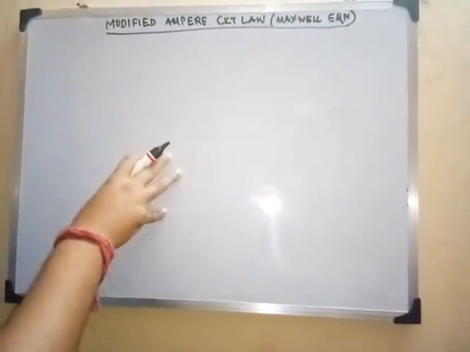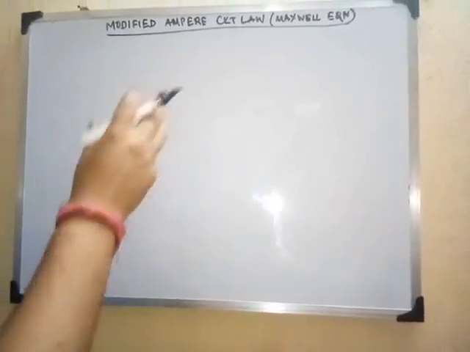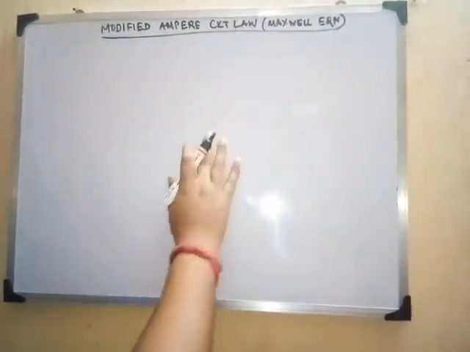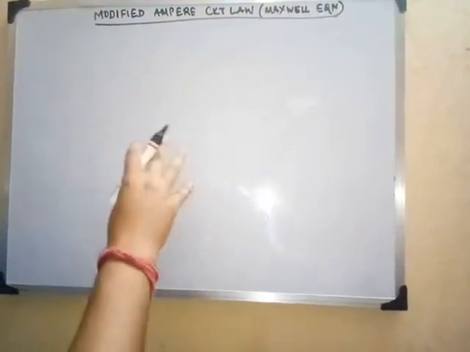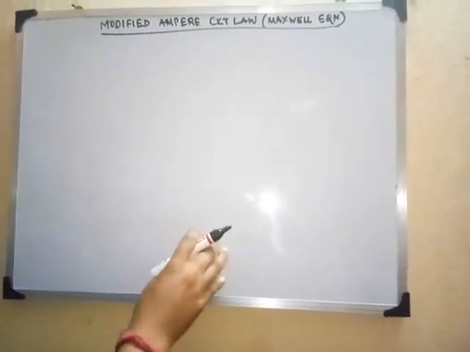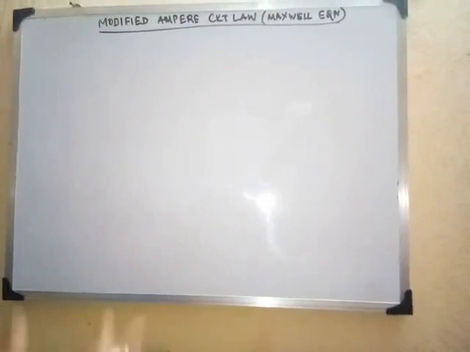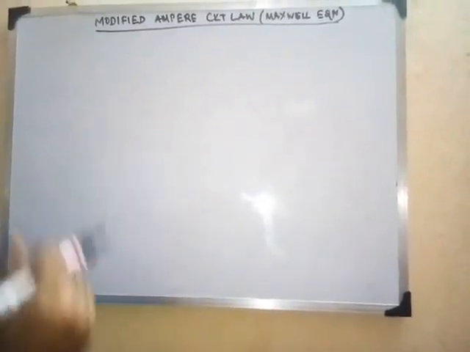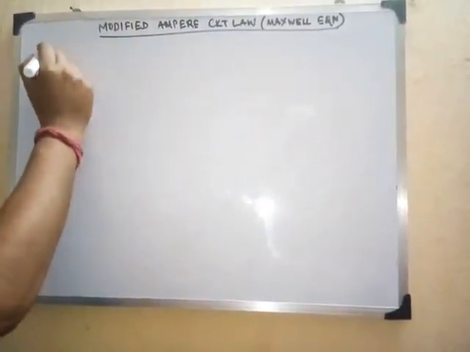So now we will see why the Ampere circuit law is also known as one of the Maxwell equations, particularly Maxwell's fourth equation. That means Maxwell made some contribution to the Ampere circuit law, so that it can also be called the Maxwell circuit law. In this part of our discussion, we will see what contribution Maxwell made to the Ampere circuit law, right? So let us start from Ampere circuit law.